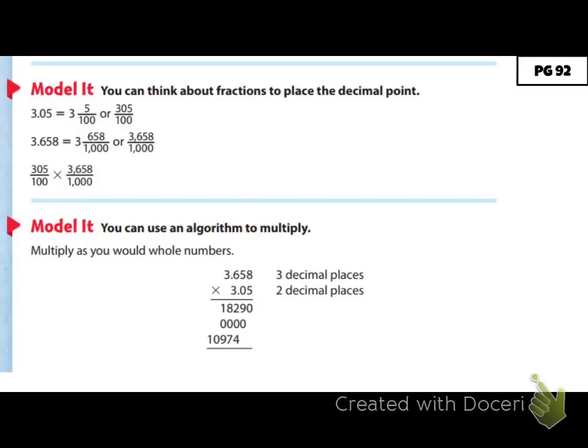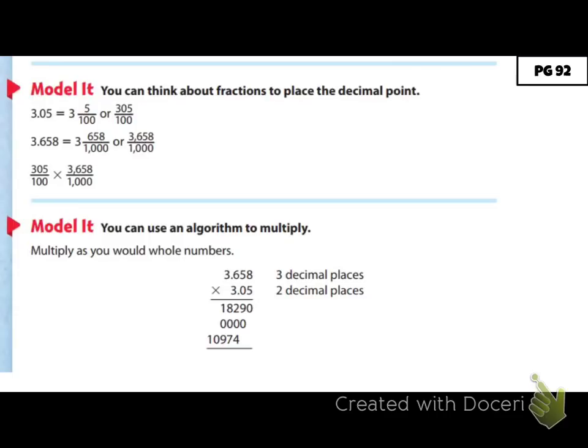You can also model it and put it over fractions. 3 and 5/100 is just as it sounds, 3 and 5 over 100, or 305 over 100. You could also do 3 and 658 thousandths the same exact way.